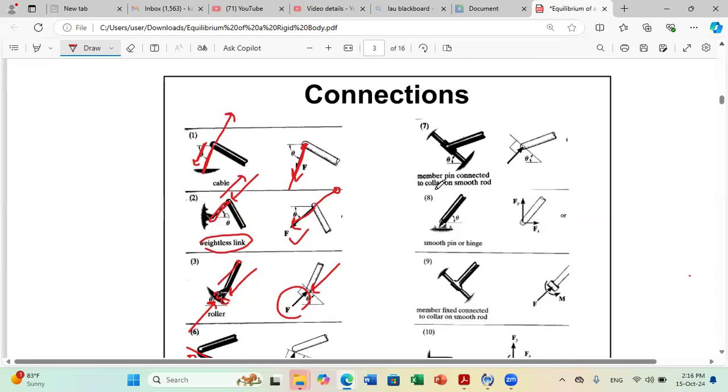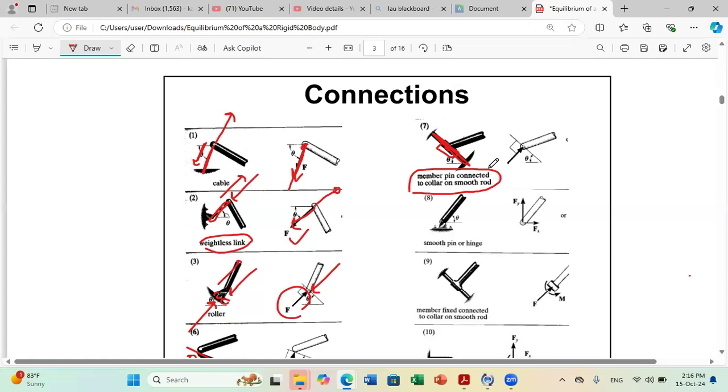What about a member pin connected to collar on smooth rod? So what will happen if you connect your pin to a collar on a smooth rod? The collar will allow motion in this direction. So because of the presence of the collar, you can move in this way.